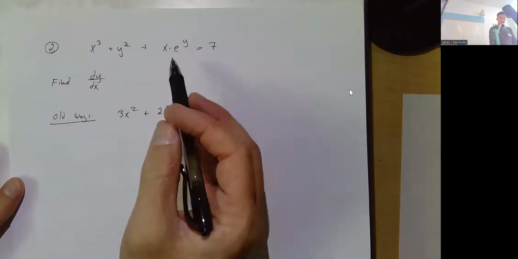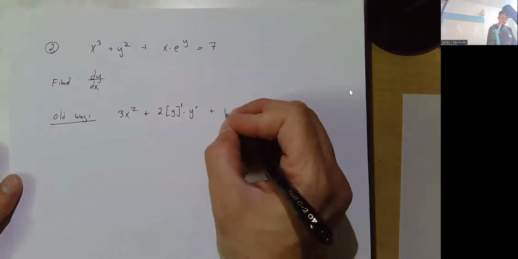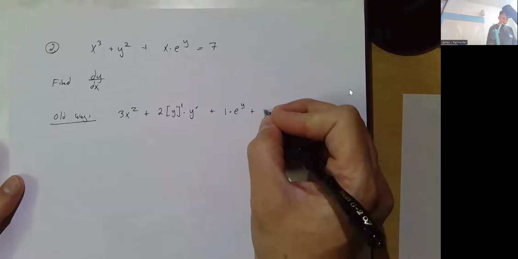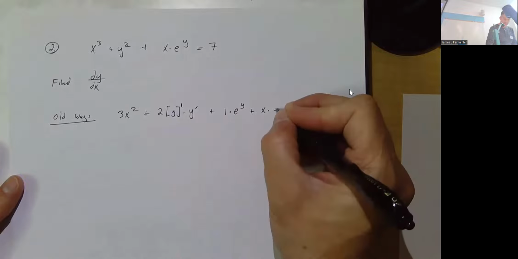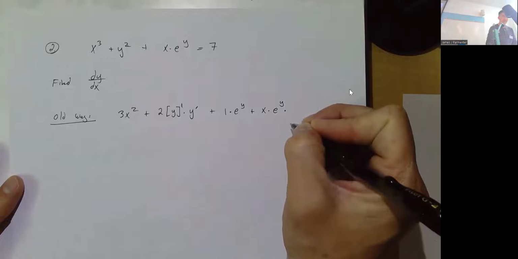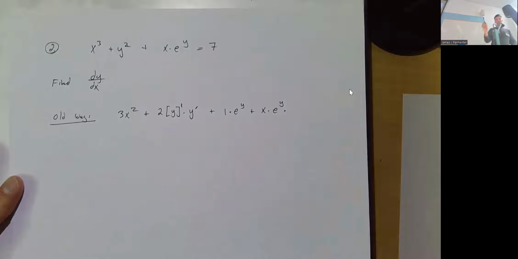Plus, for x times e to the y, we're going to have to use the product rule. The derivative of x is 1 times e to the y, plus, leave the x alone, the derivative of e to the y, well, the derivative of e to the stuff is e to the stuff times, not 1, the derivative of the stuff.